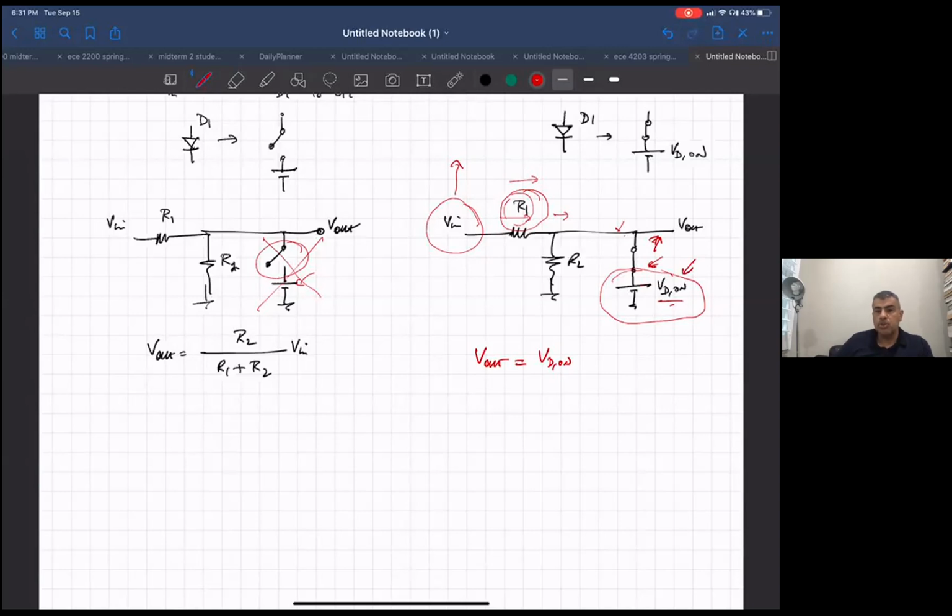You'll start seeing cases where it's a big mess of diodes and resistors. There we'll end up with yet another method for analyzing the circuit: we just have to blindly make assumptions about diodes being on or off, and then go back and check our assumptions.